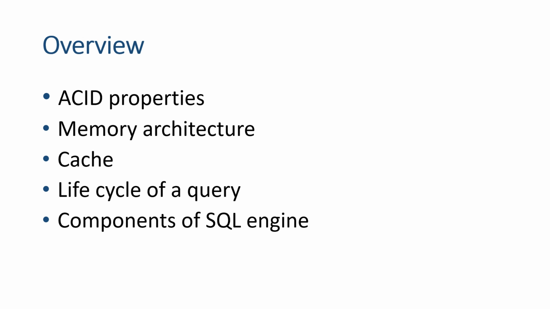We are also going to see the life cycle of a query for read as well as a write transaction, like what happens behind the scenes at each component inside the SQL engine. We are also going to see the different types of components we have in the SQL engine, that's relational engine as well as the storage engine.